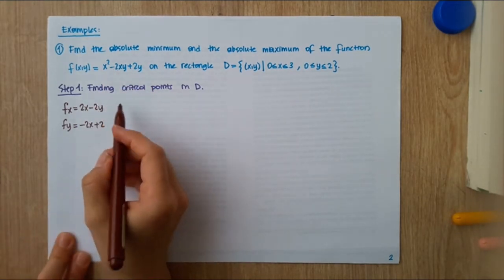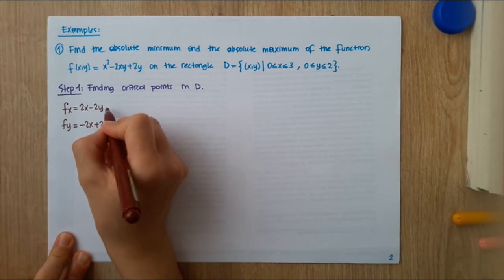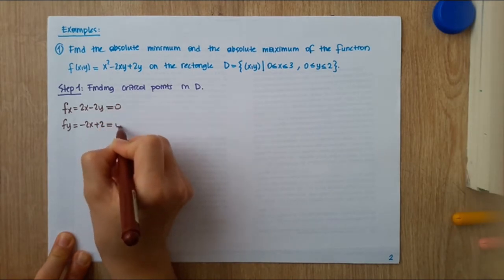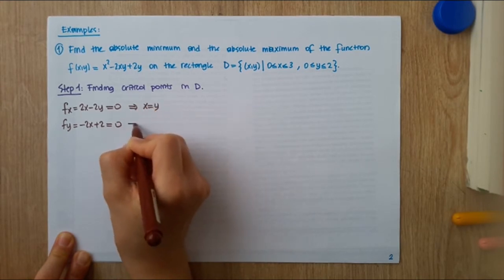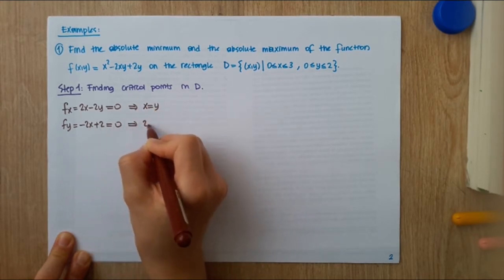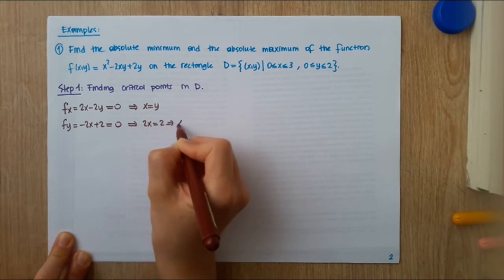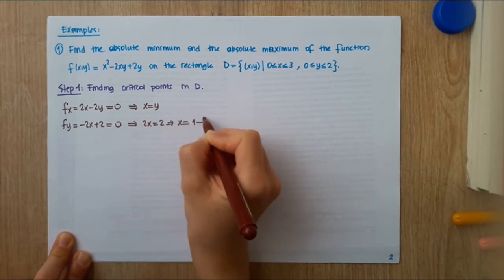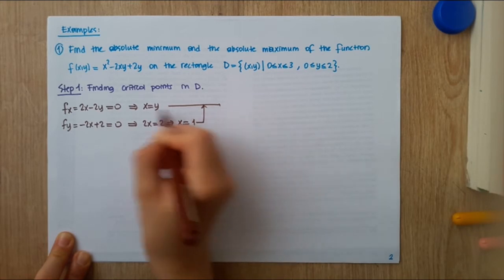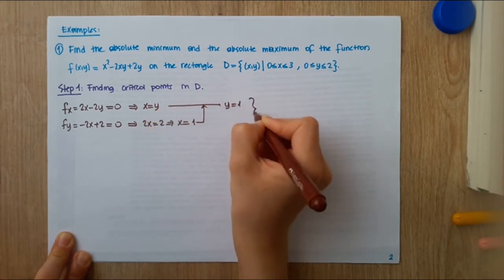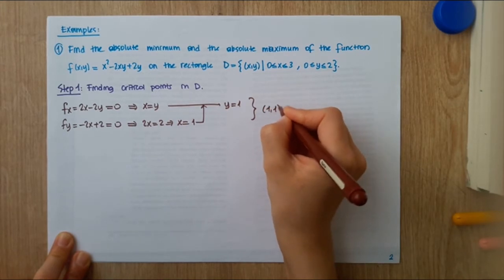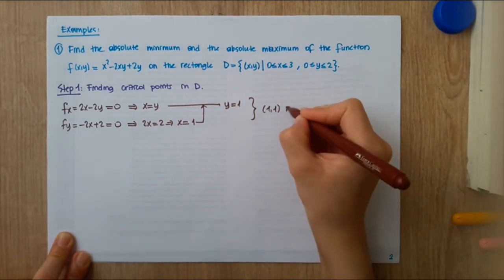So if you equate these first partial derivatives to 0, from the first equation I have x equals y, and from the second equation I have 2x is 2, which means x is 1. So if x is 1, because x equals y, y is also 1, which means I have (1, 1) as a critical point.